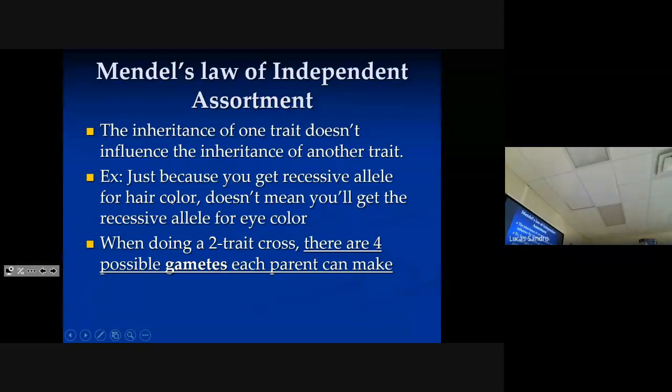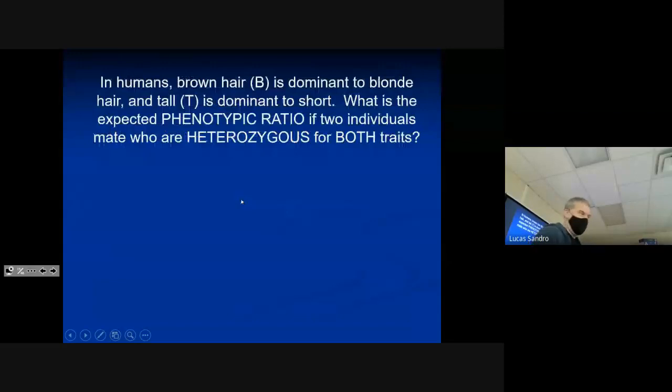Grab that blank sheet of paper you got. Let's keep the letters easy. And let's say that we got, and remember, it's a good idea to write these down. Big B is brown hair, little b is blonde hair, big T is tall, little t is short.